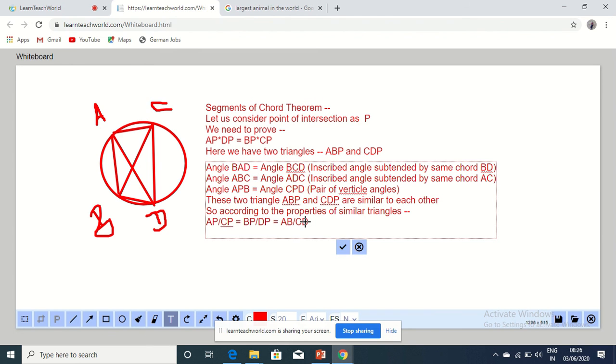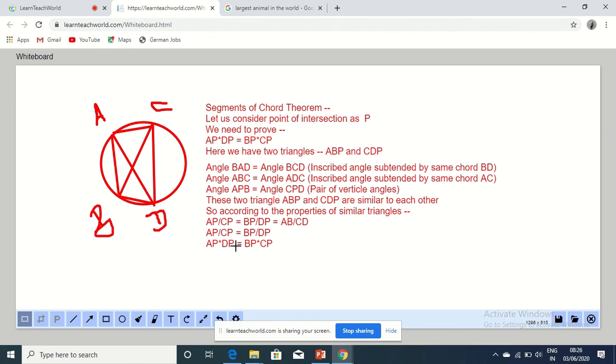And just consider this thing, AP divided by CP is equal to BP divided by DP. If we consider this, we can write AP multiplied by DP is equal to BP multiplied by CP, and that's what we need to prove. AP multiplied by DP is equal to BP multiplied by CP.